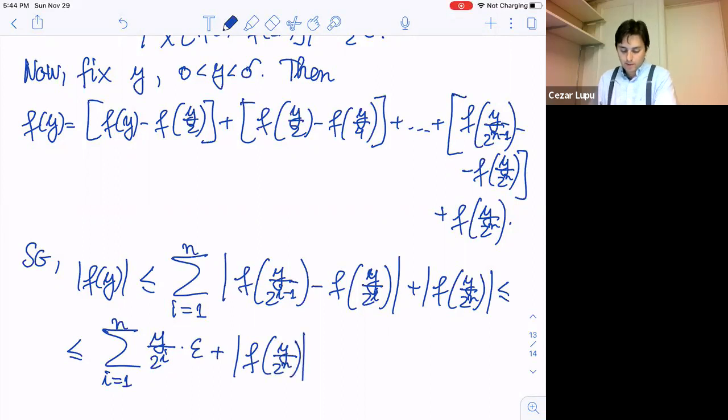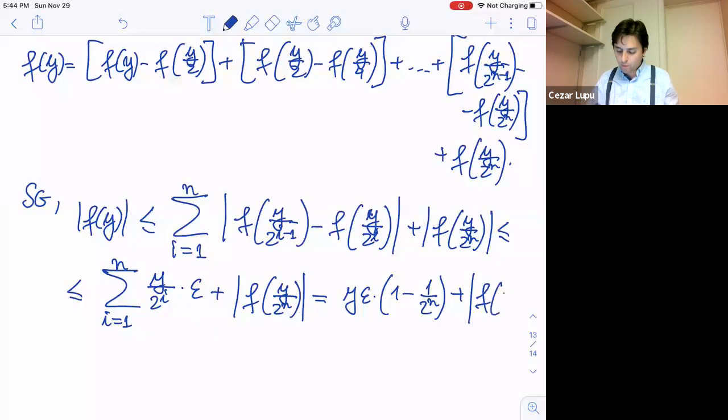All right, and now let's do some computations here. We have a geometric series which we can handle, so this would give us y times epsilon times 1 minus 1 over 2 to the n, plus the absolute value of f of y over 2 to the n.